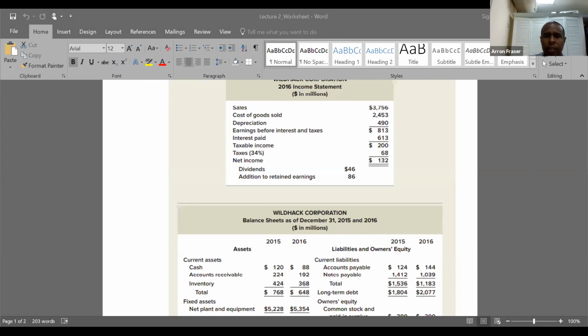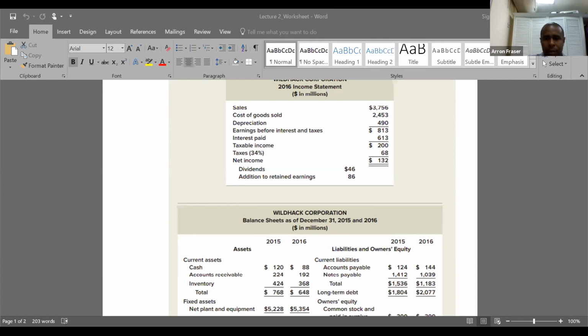So inventory turnover would be how much? 2453 divided by 368. It's 6.7. And that's 6.7 times, right? Turnover is measured in times.